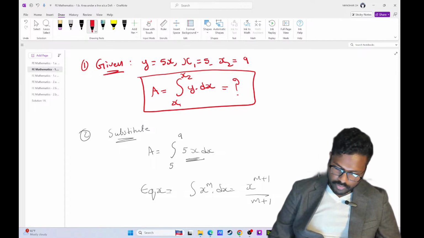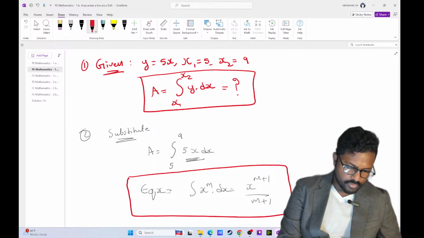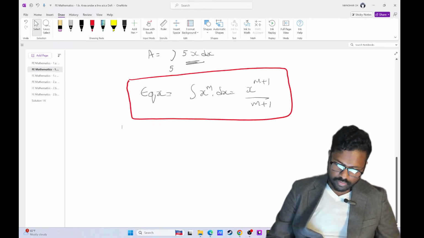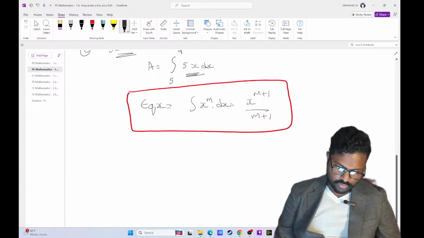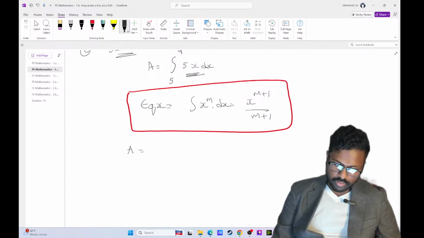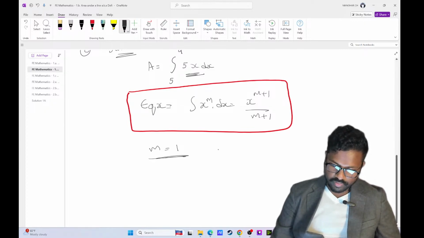I am going to highlight this equation. This is going to be very useful for you to solve this problem. Now it's going to come down to A is equal to, in our case, the m value is 1 because we have y is equal to 5x. Though you can't see it, the power of x here is 1.